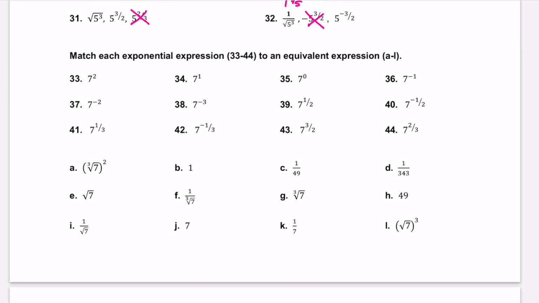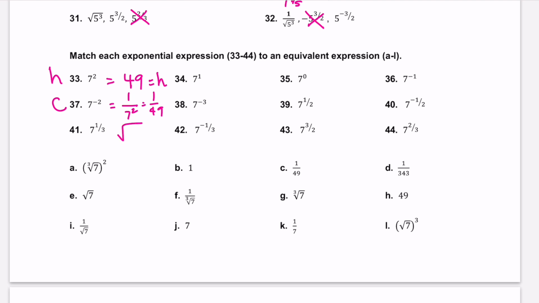Number 33 to 44, we're going to just match. 33 is 7 squared, which is 7 times 7, which is 49. That will equal H. 7 to the negative 2, that's going to be 1 over 7 squared, which is 1 over 49. That is going to be part C. 41 is 7 to the 1/3.